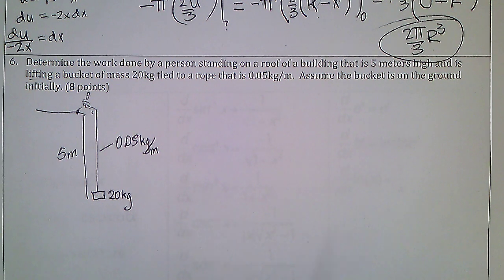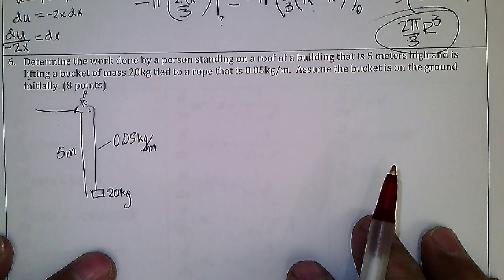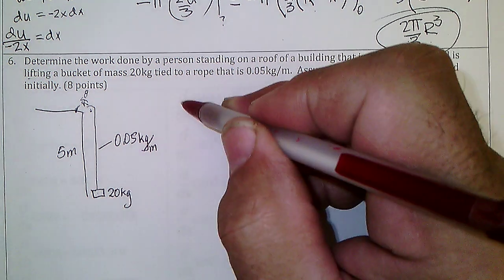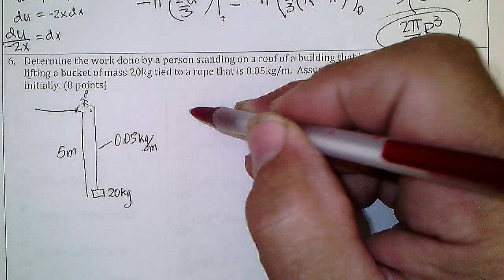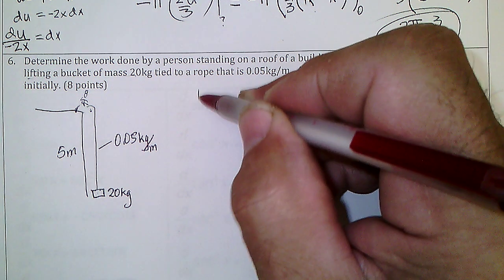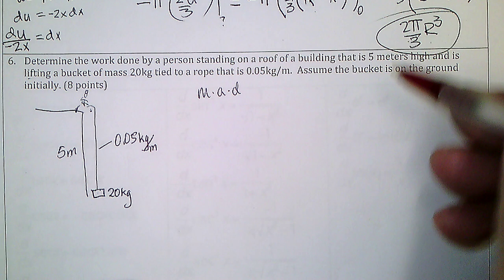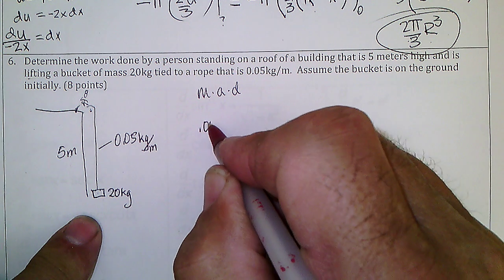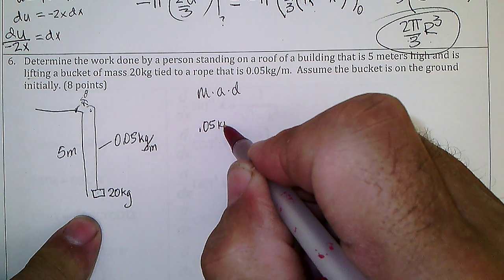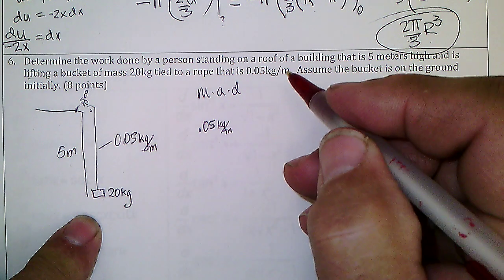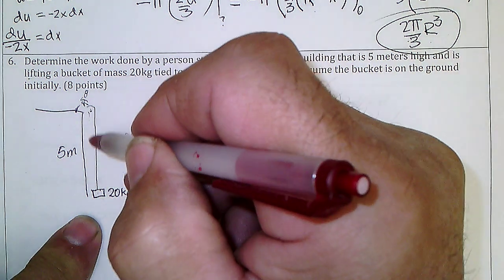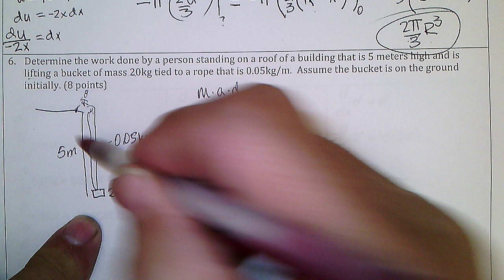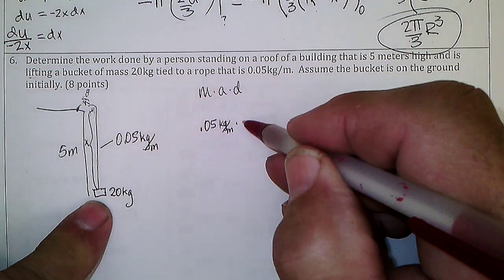So, again, there are 2 ways to approach this one. Let's start with the mass. That's going to be 0.05 kilograms per meter times however many meters is out here. Let's call this x or y, whichever, times x.